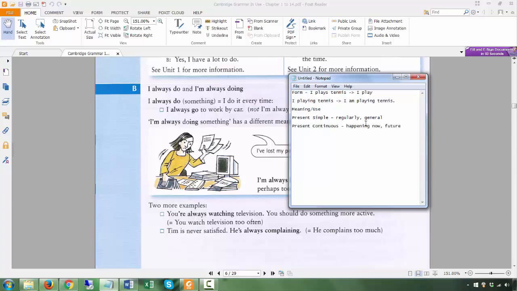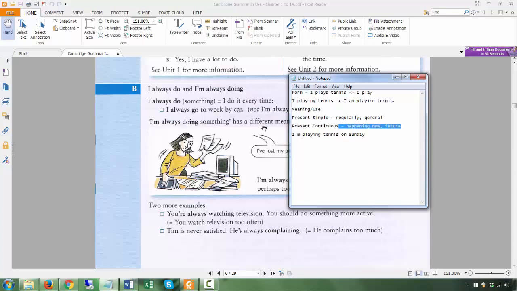This gets a bit complicated. You use the present continuous tense to describe the future in certain instances, not always. For example, when you say "I'm playing tennis on Sunday," you are not saying you're playing tennis now. You're saying you're playing tennis on Sunday. So this is talking about the future, even though you're using the present continuous tense.